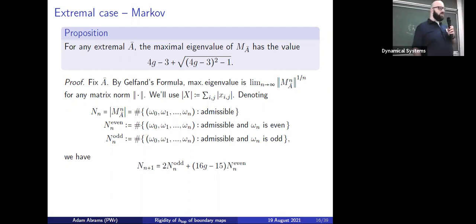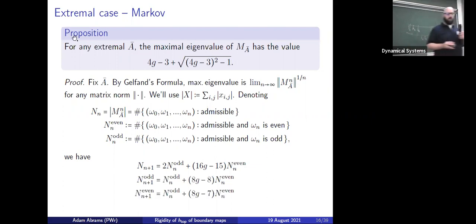So this proof for the spectral radius is really just a game of counting the number of sequences correctly. Using these facts about the transition matrix and the Markov partition, each even number symbol can be followed by 17 different symbols. Each odd symbol can only be followed by 2 possible symbols. So that's where we get this equation at the bottom of the current slide.